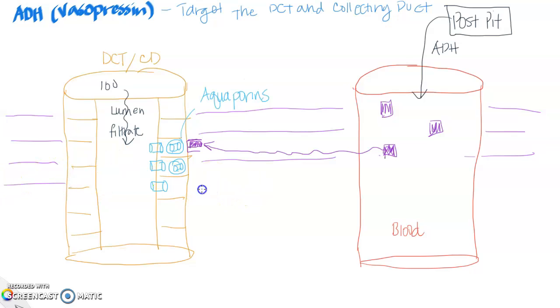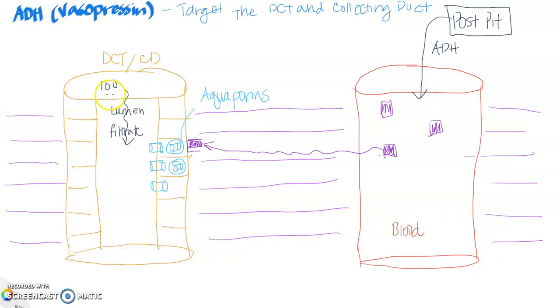So it's coming into here, and that means that it's sitting in an area that's becoming more and more concentrated. The osmolarity is going up. So that 100 milliosmol filtrate is going into an area that's, say 400, 500, 600, 700, 800.